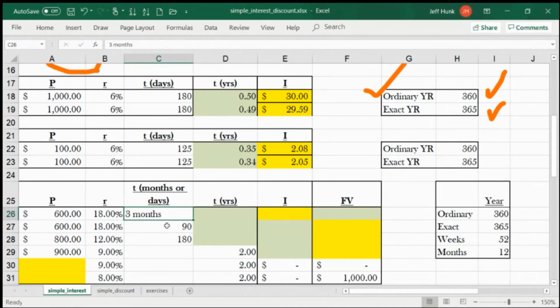You cannot operate on the text. You understand? So you cannot do this, because if you do this, think about it. You convert it into years, ordinary years. You can't do that, right?